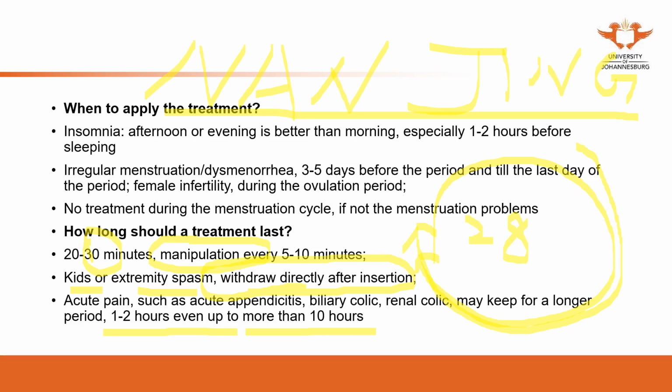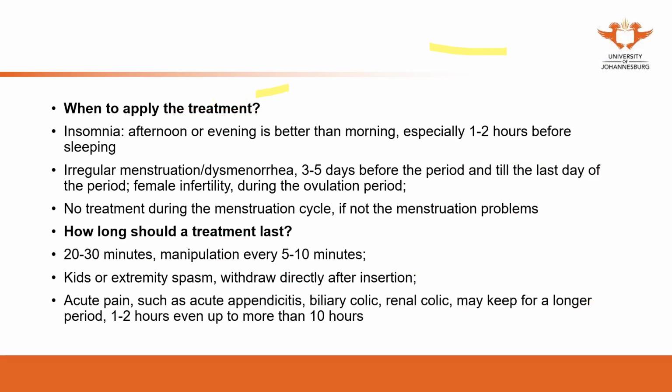When you divide 24 hours by 50 times, it's about 28 minutes. So we keep for one cycle. That's why during the treatments, we keep about 30 minutes for each patient. Just in general.